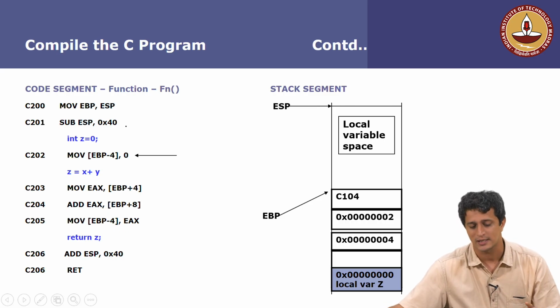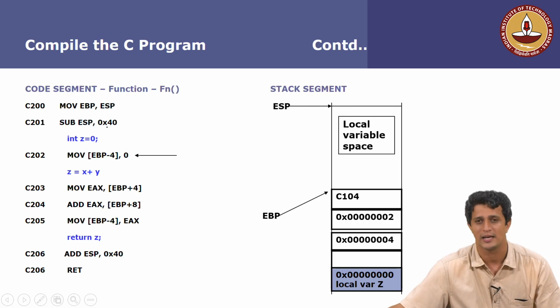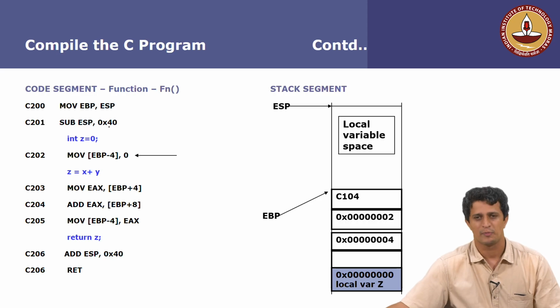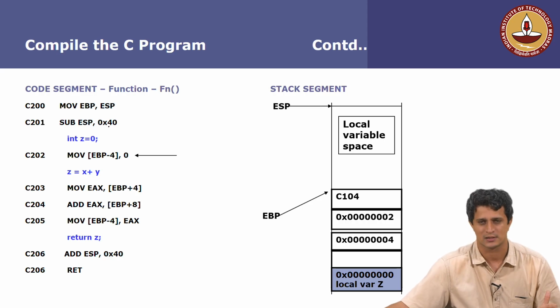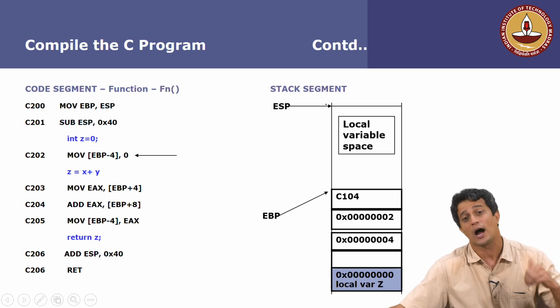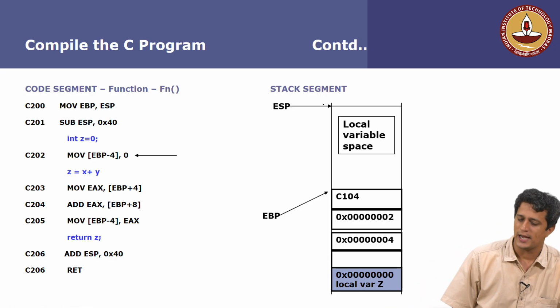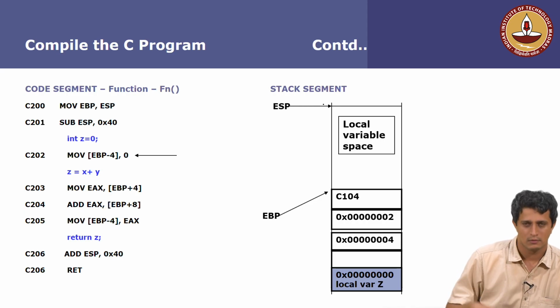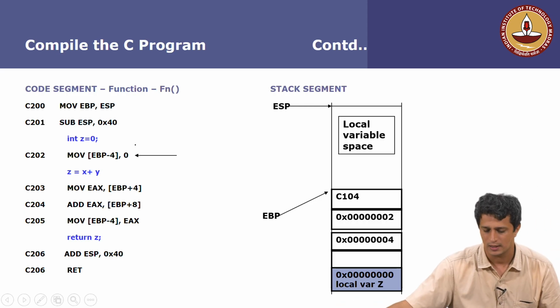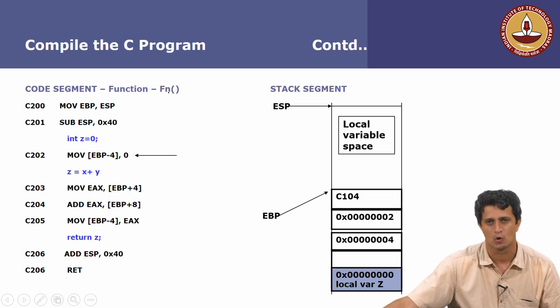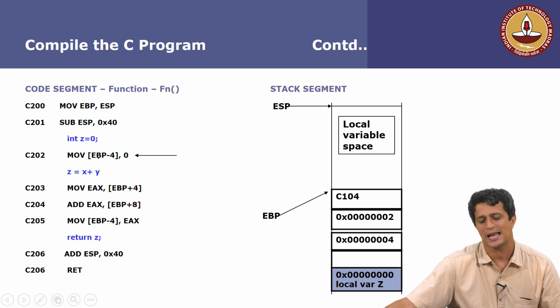The compiler does it by this particular instruction, sub ESP, 0x40, which means the local variable space is now not going to be affected by any push or pop, because the top of stack is now pointing to after the local variable space. So now I go ahead and execute my function. Remember that this function Fn also had a local variable z, which was going to be accessed by contents of EBP minus 4.